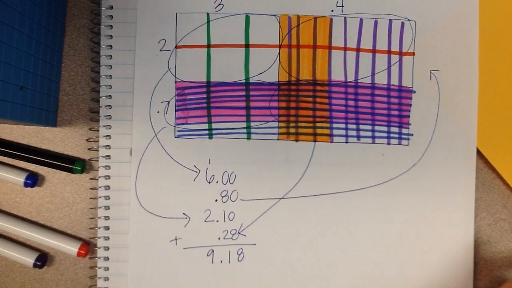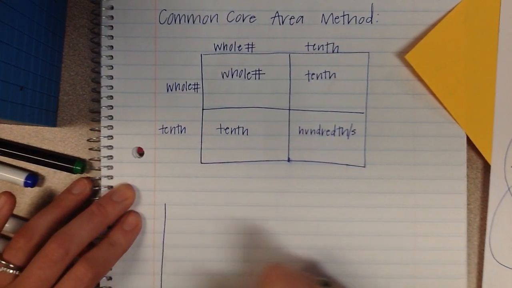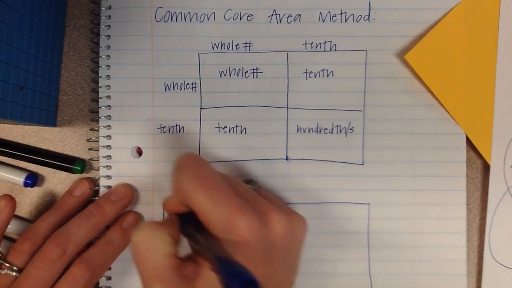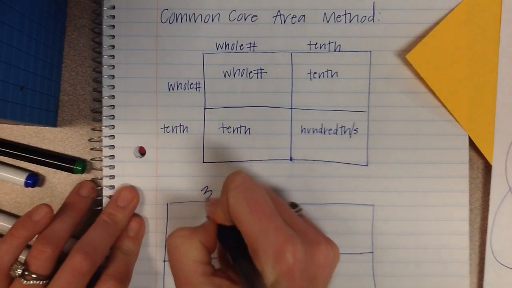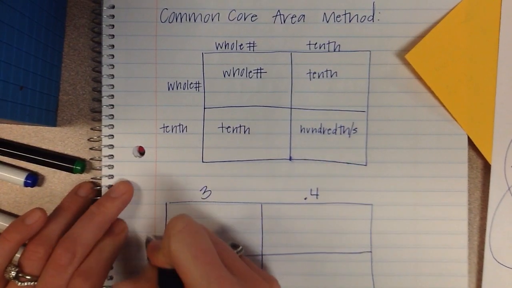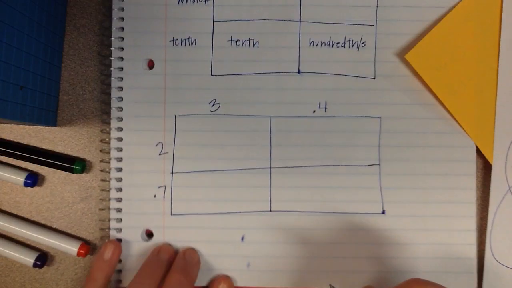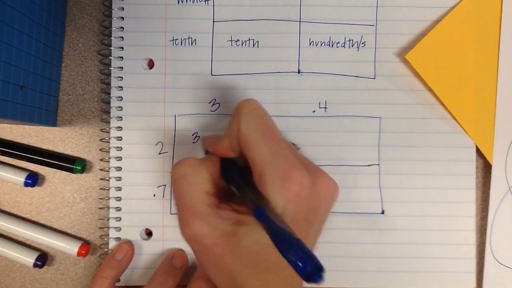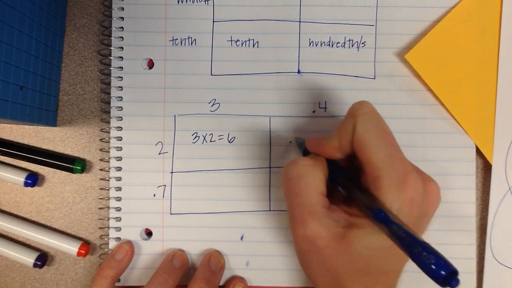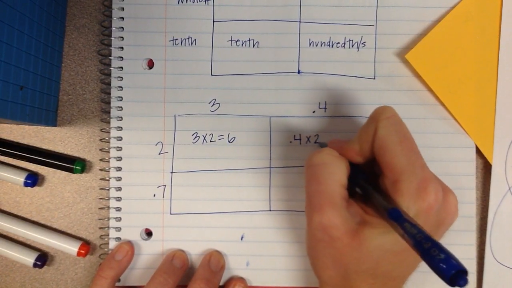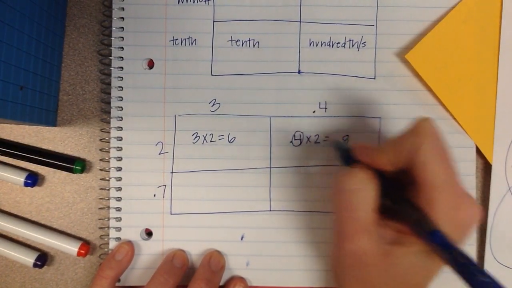Now, I want to show you, and I can do it on here. If I do here, break it up, 3.42 and 7/10. 3 times 2 equals 6. 0.4 times 2 equals 8. 2 times 4 equals 8, but I have one placeholder.